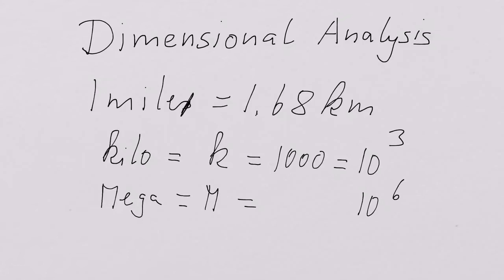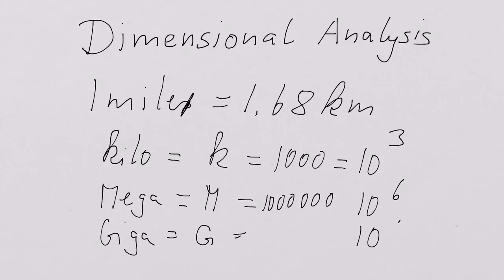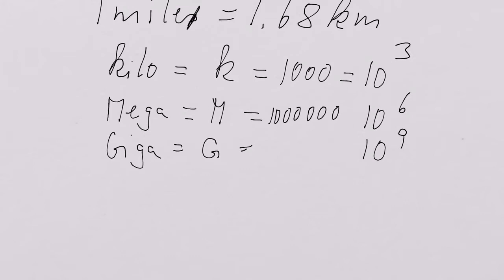Yeah? 1,000, 10,000, 100,000, a million. What's next? Giga. Ten to the 9. Next. Tera. Ten to the 12.